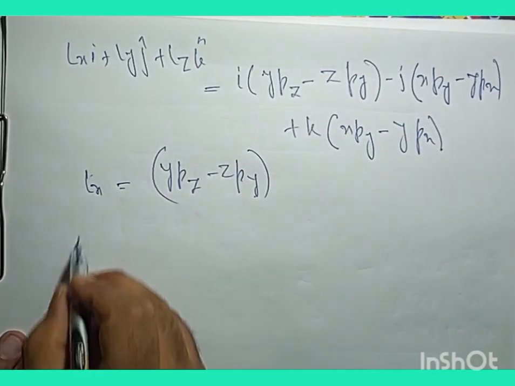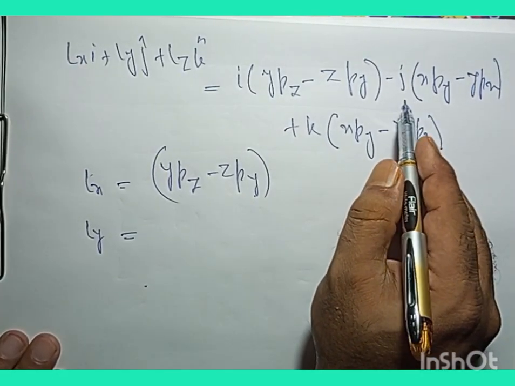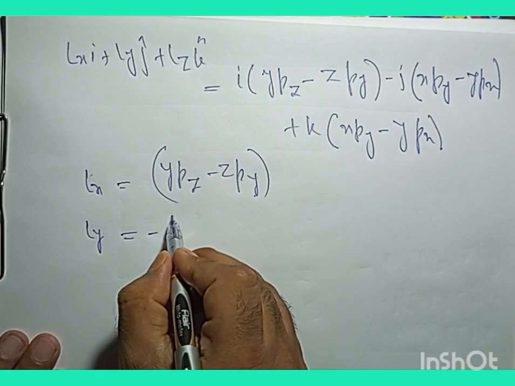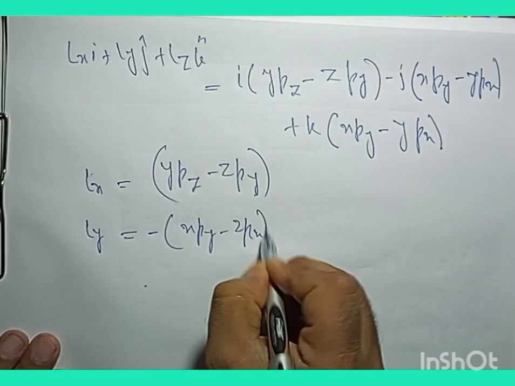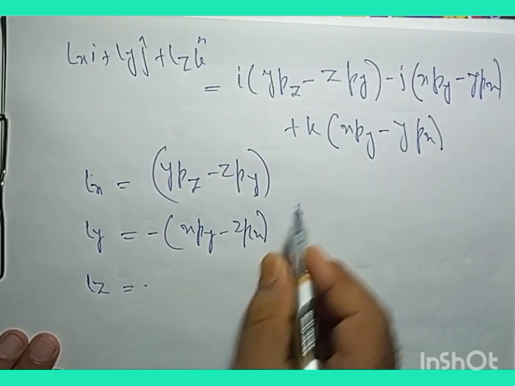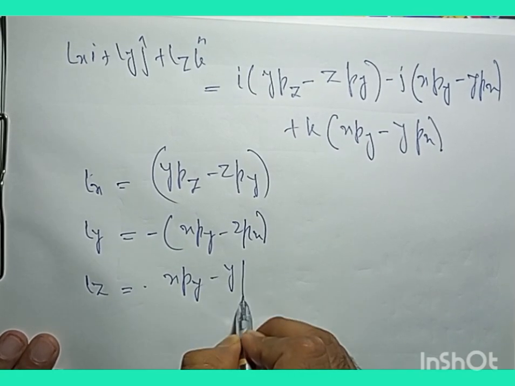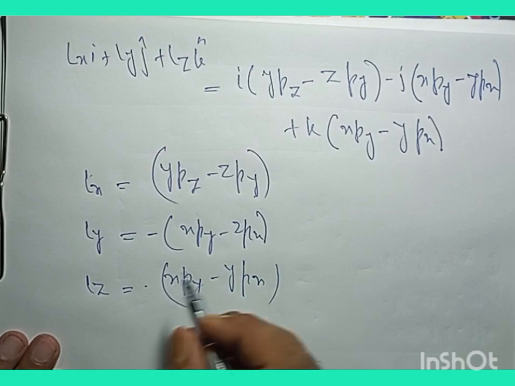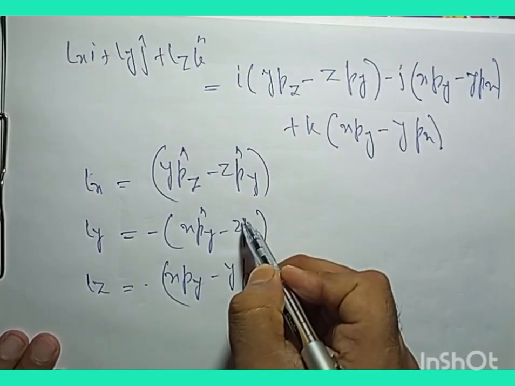All right, and Ly we can write as minus times x pz minus z px, and then Lz will be x py minus y px. What is important here is that we have to keep in mind that this p is the momentum operator, so everywhere we have the caps.